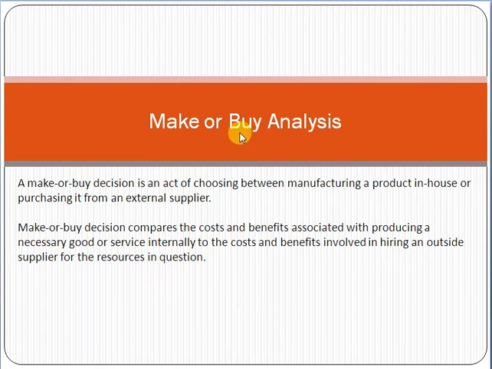So once we have an analysis for both these decisions, make or buy, we can decide whether we will go for make or for buy. So friend, that is called the main concept of make or buy analysis.